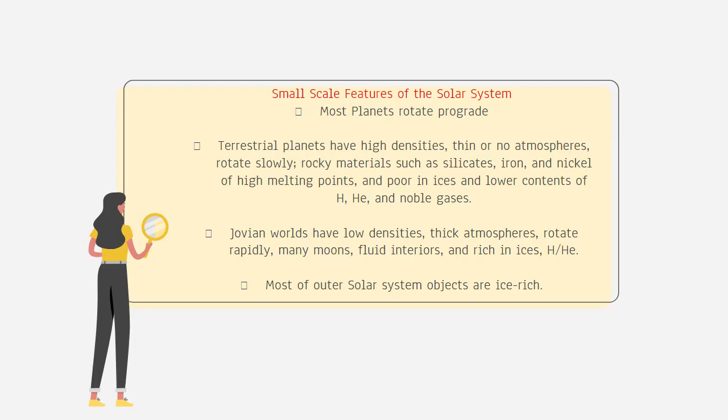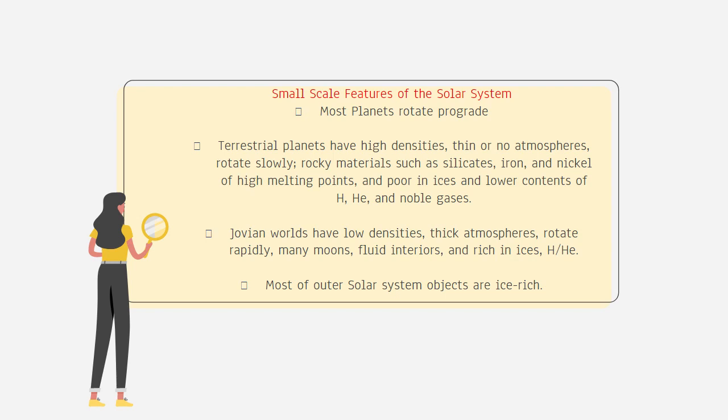While for the small-scale features of the solar system, most planets rotate prograde also. The terrestrial planets have high density, thin or no atmosphere, rotate slowly, and are made of rocky materials, with a lower content of hydrogen, helium, and noble gases.